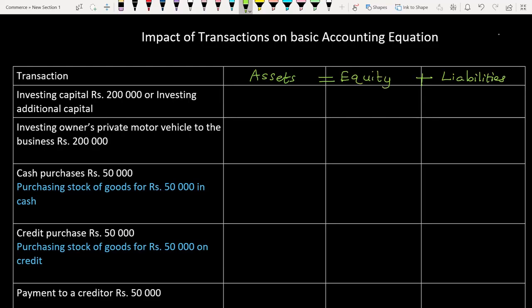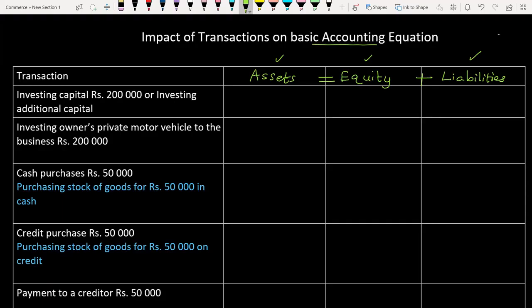Do transactions affect the basic accounting equation? Yes, of course. Each transaction has an impact on the accounting elements of the basic accounting equation. So what are the elements? Assets, equity, and liabilities. Normally, one transaction has two impacts on the basic accounting equation.